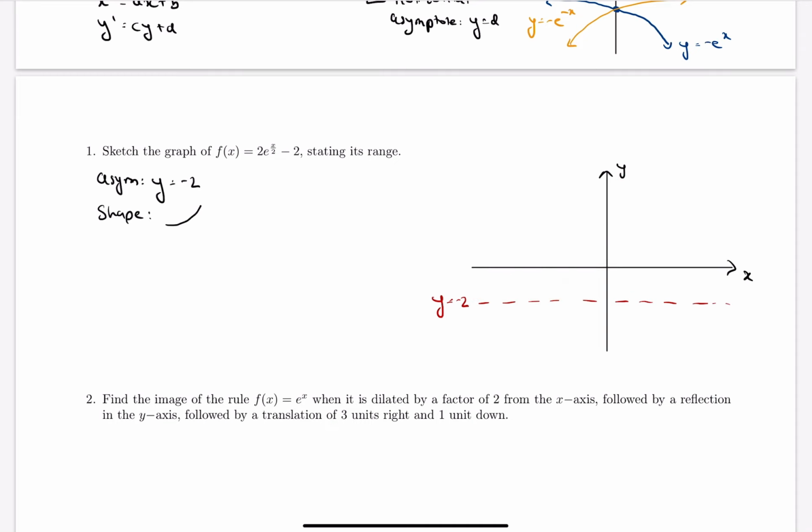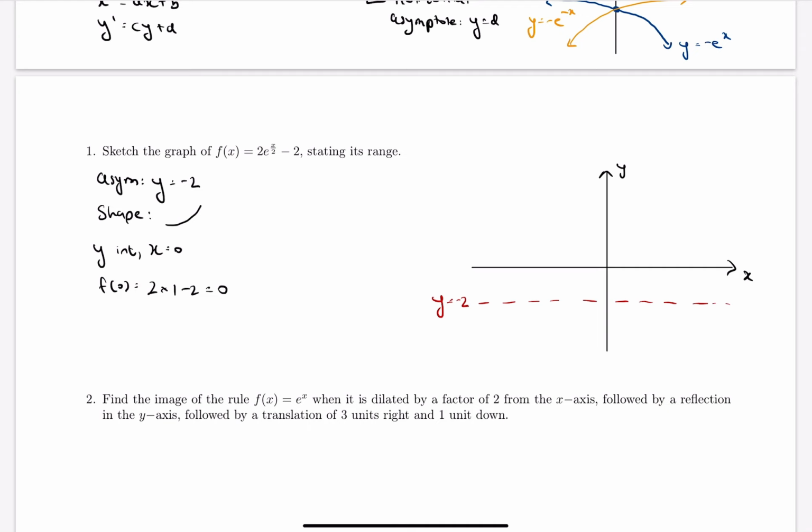So for the y-intercept, you set x equal to 0. That's the easy one. You end up getting f of 0 equals 2 times 1 minus 2, which is 0. The good news about that, just a technicality here, is that we want f of 0, not f of x.